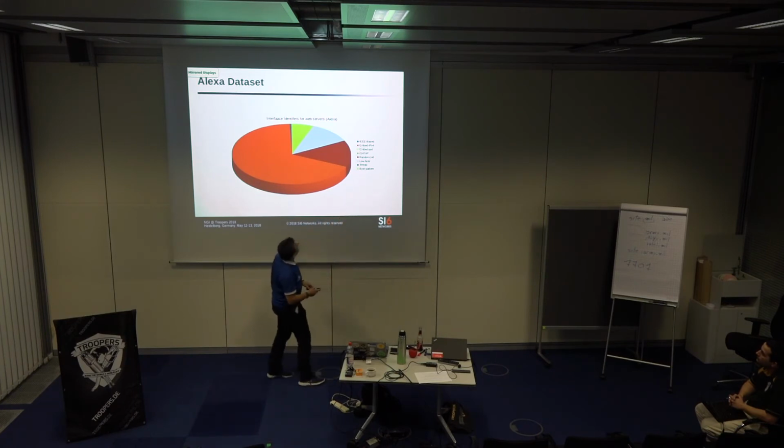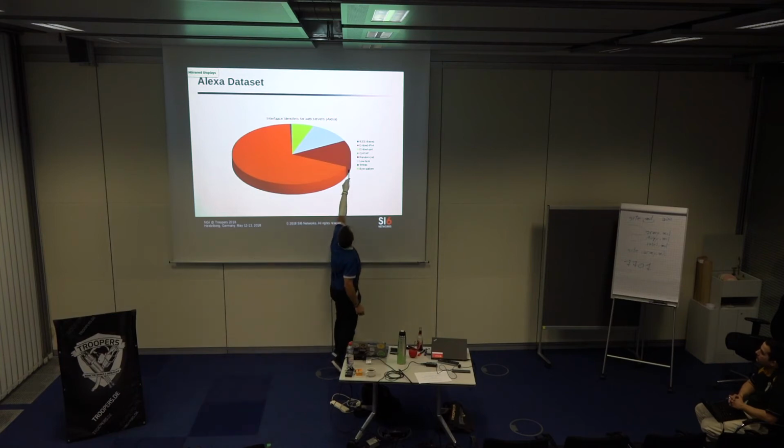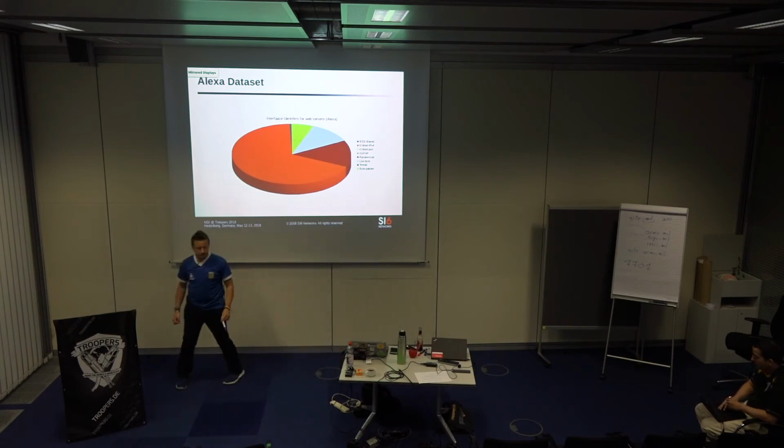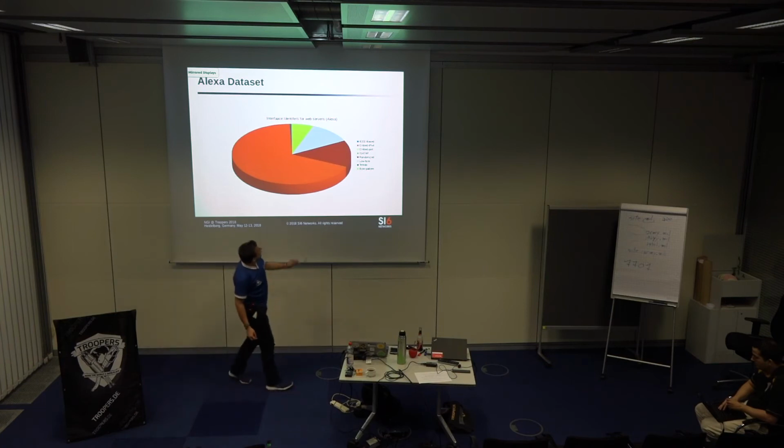What's interesting is that this bit over here, for Alexa, maybe it was something like 15% or something like that. This one, the larger part, is addresses that embed an IPv4 address in the interface ID. That's a very common way in which people configure their servers.